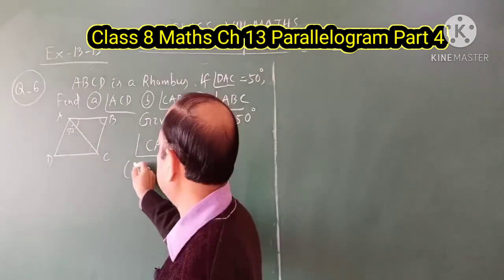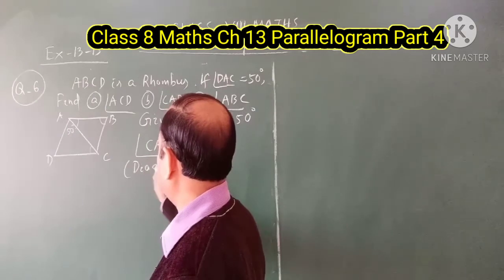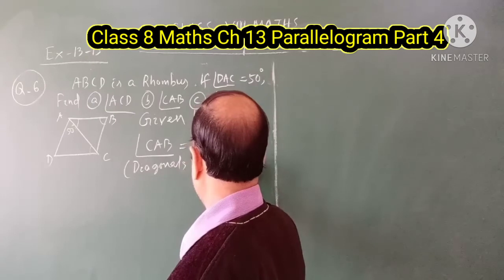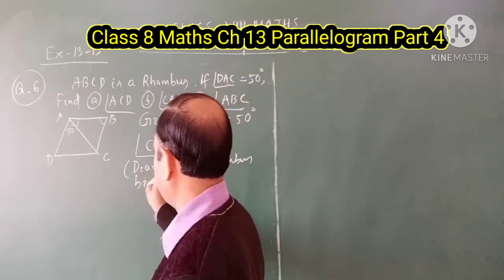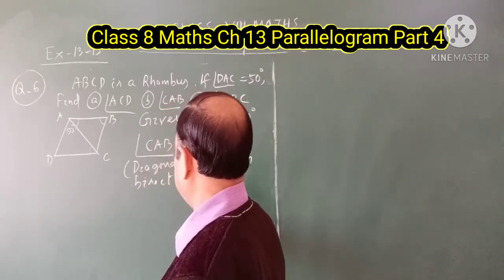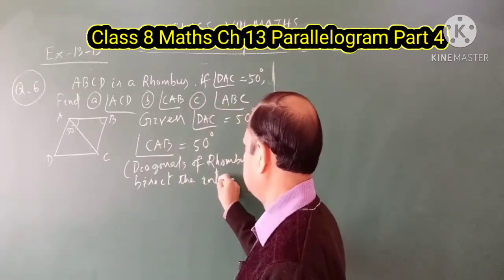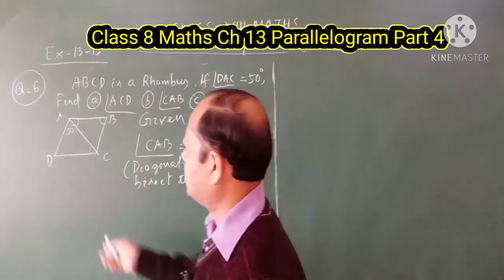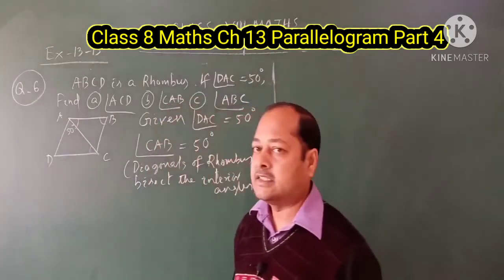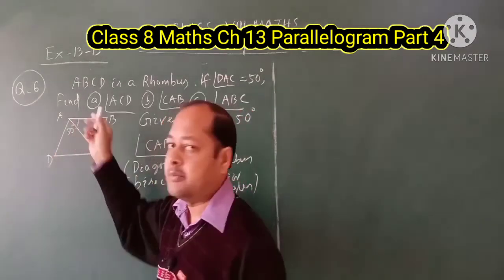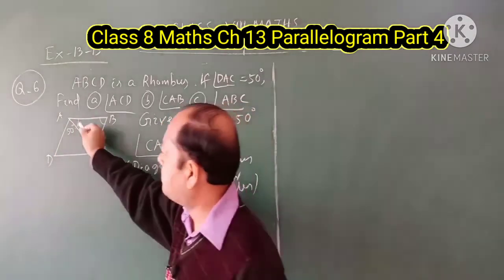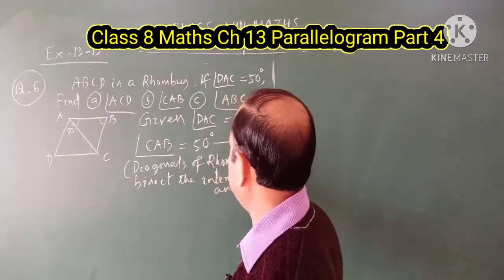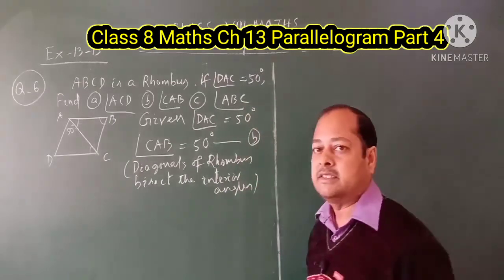The reason, write down: diagonals of rhombus bisect the interior angles. So here AC is a diagonal and it is bisecting the angle DAB. Okay, so now we have got CAB equal 50. CAB, that is question B, it is solved, that we got CAB is 50 degree.